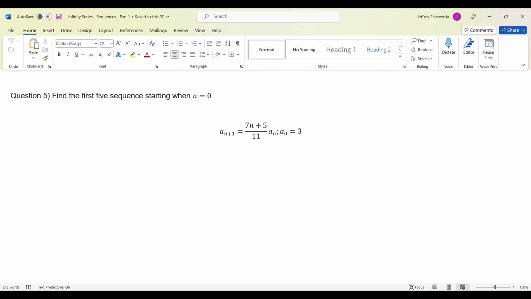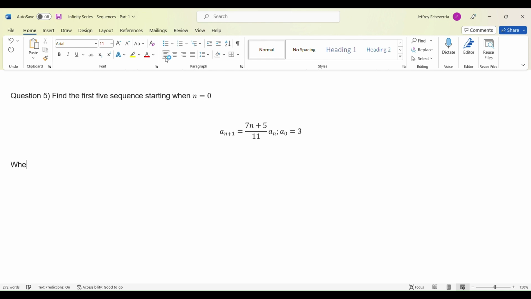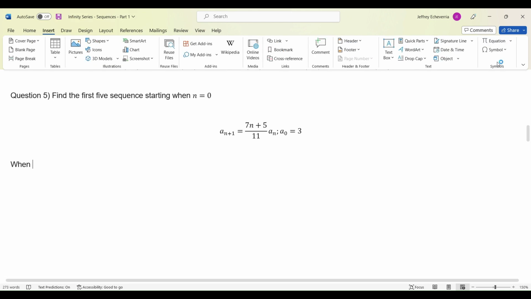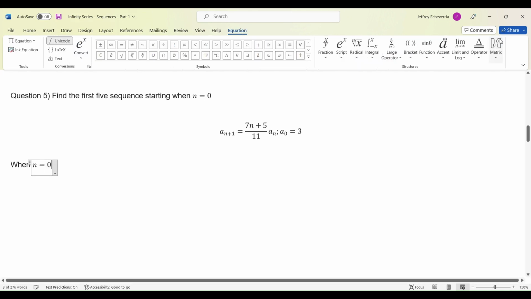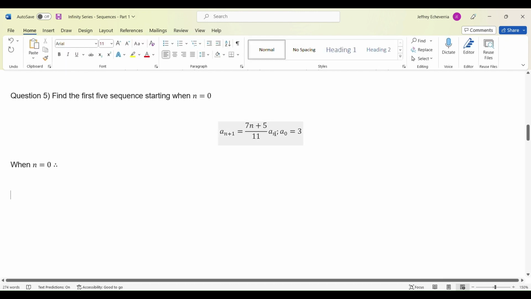Question number 5. Find the first 5 terms starting when n equals 0. But just remember, this is a recursion, so it's a little different. So let's start. When n equals 0, wherever we see an n, we replace it with 0.